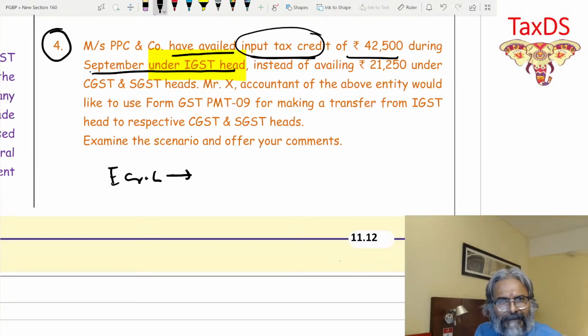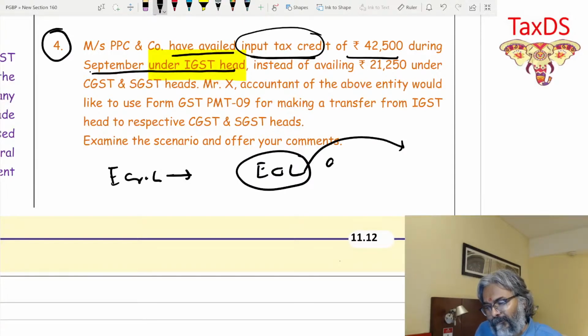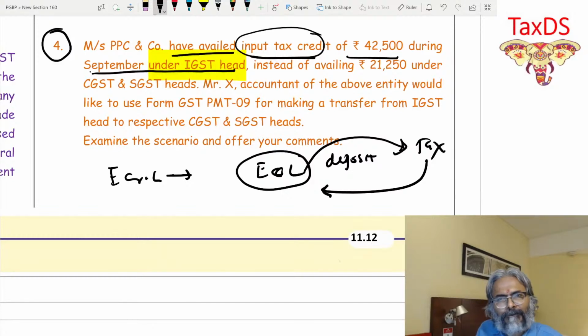Now, where has this transfer concept been taught to you? The transfer has been taught to you in the concept of the ECL. So if I have done a deposit, in the ECL first you have to do a deposit, and the deposit, students, that you will have to do in the context of the transfer, you will have to choose a minor head, in this case say tax, it's a CGST tax, and then from there I take the money out, which is a deemed refund, and then put where?